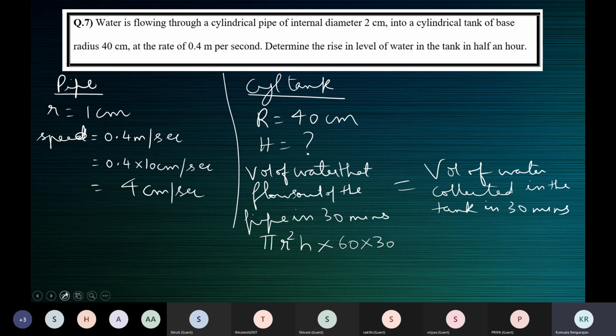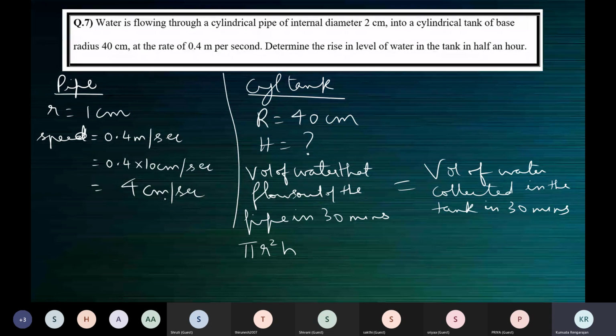I'll write it again. Pi r square h. H is 4 centimeters per second. The height of water, 4 centimeters, comes out in 1 second. But in 30 minutes, what is the height of the water discharged?